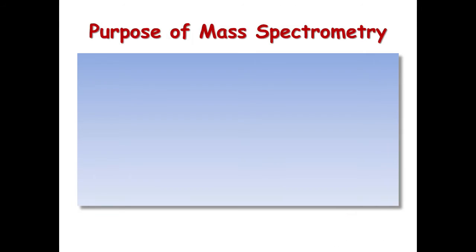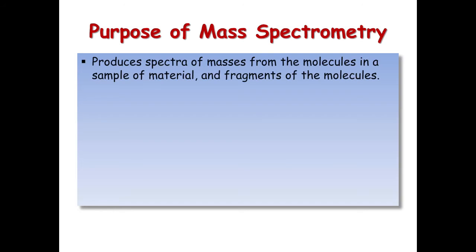When we look at mass spectroscopy, the first thing we want to do is look at the purpose of mass spectroscopy, and the purpose is that it produces a spectra of masses from the molecules in the sample of material and fragments of the molecules.